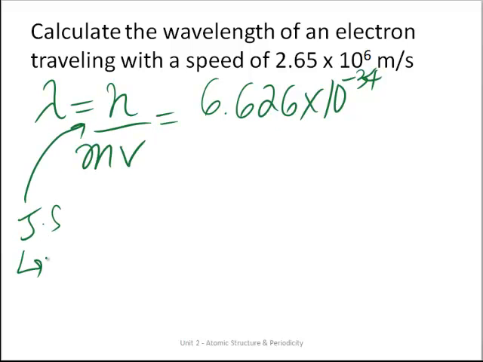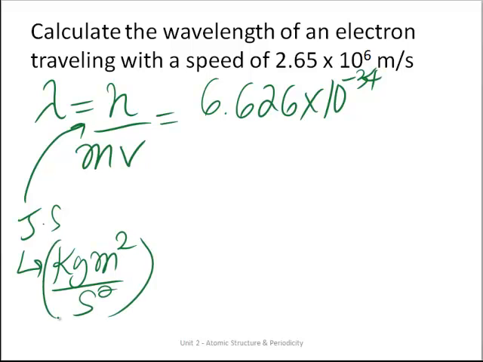But it turns out that if we look at the unit for joule, which is a derived unit, we can use its fundamental units, which are kilograms meters squared per second squared. Those are the fundamental units of a joule. So that will help us determine what our unit should be for our final answer.